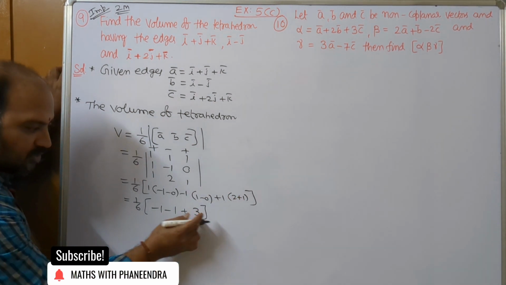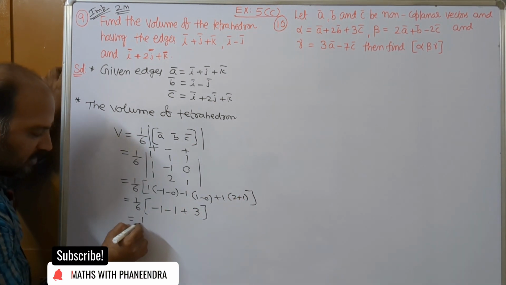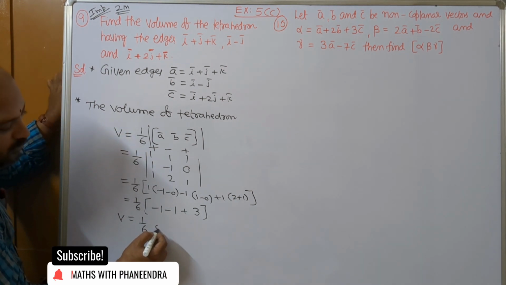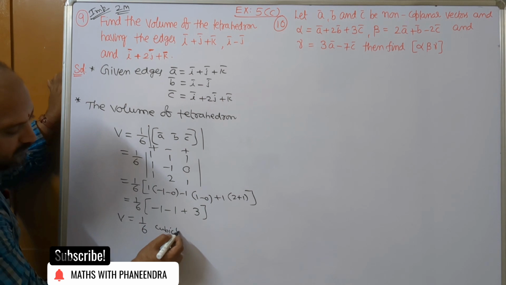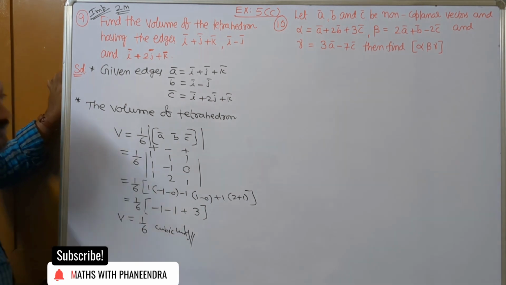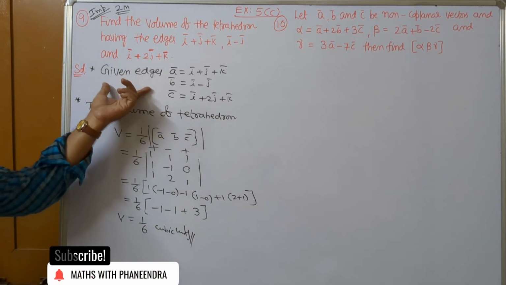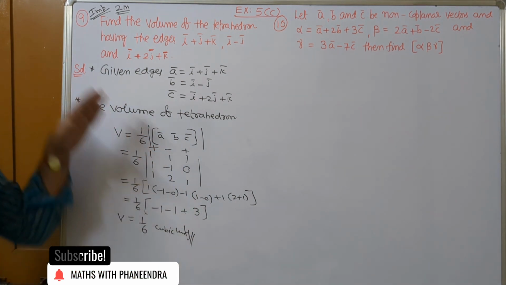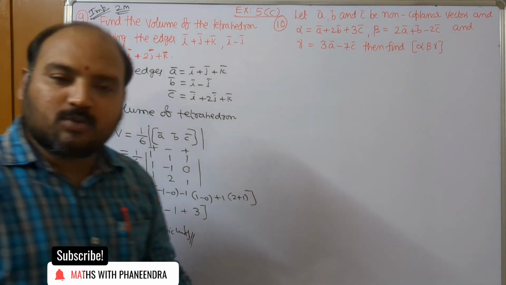Okay, so 3 minus 2 is 1. So ultimately the answer is 1 by 6. Volume means cubic units. I hope you understand it. So for writing the edges and writing the formula 1 mark, and getting the answer 1 mark. They may ask a 2 marks question.